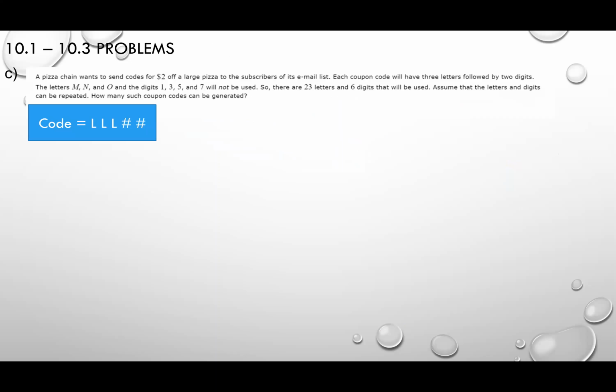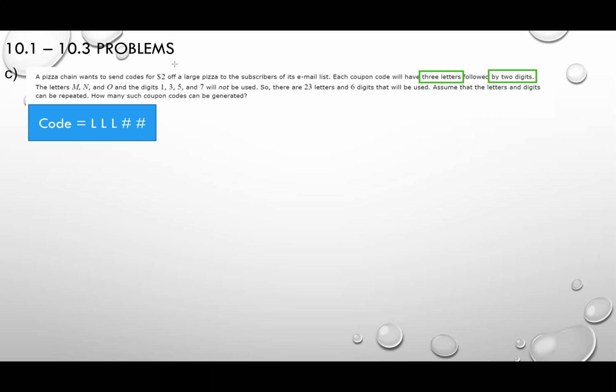They tell us that each code has 3 letters followed by 2 digits. That's the requirement. So L is my letter, and followed by 2 digits, where the hashtag is my digit, right?